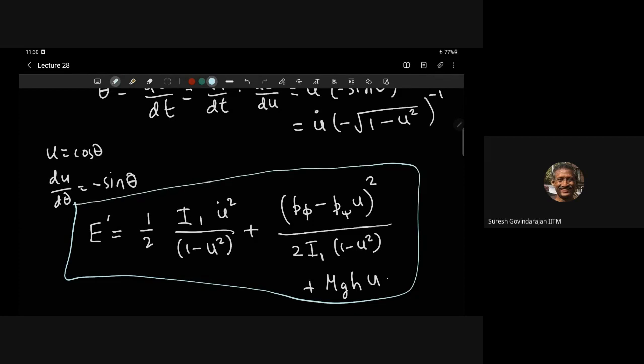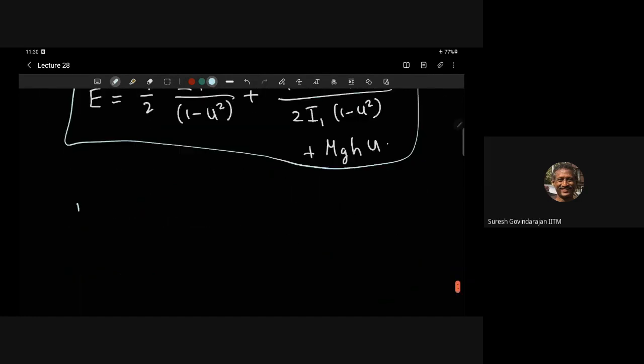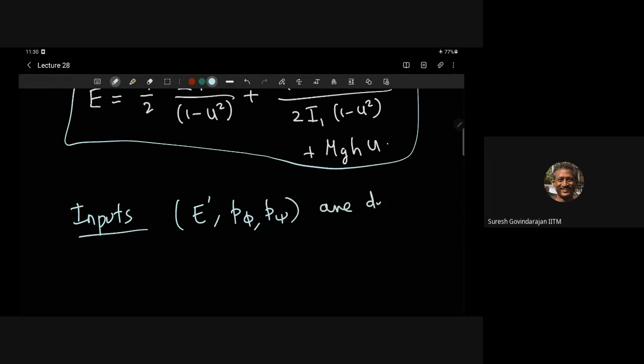Okay, so now we are in good shape. We have this thing, and we still need to solve. So what are the inputs? E prime, p phi, p psi are determined by the initial conditions.